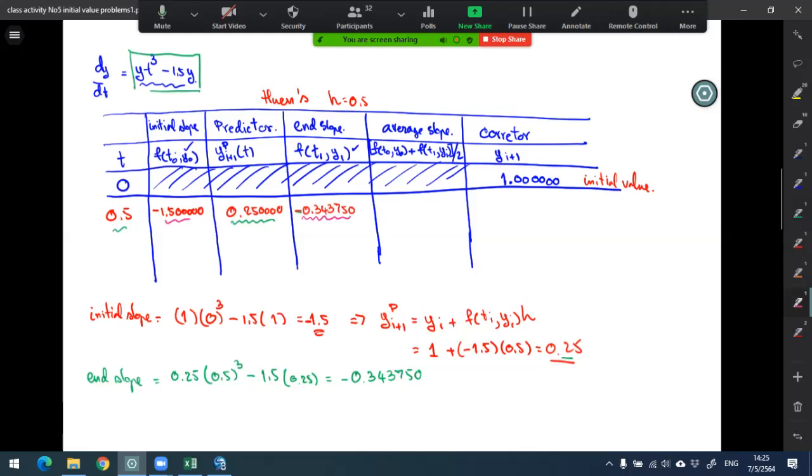So we got the average slope equal to minus 0.921875. Okay. Then we use the average slope in order to find y i plus 1 in the corrector step.